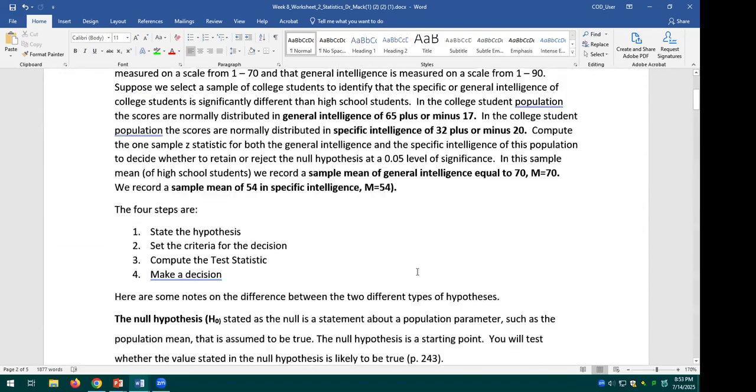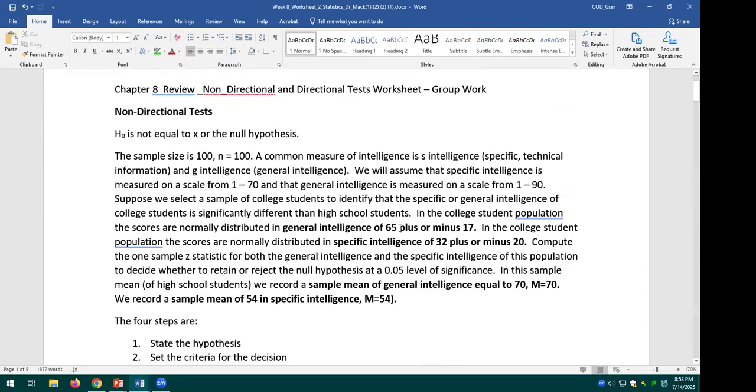So we go back to what our initial mean was, 65. And then our new one was 70, which was given to us. So that's 5, divided by 0.17, which is our z obtained value.